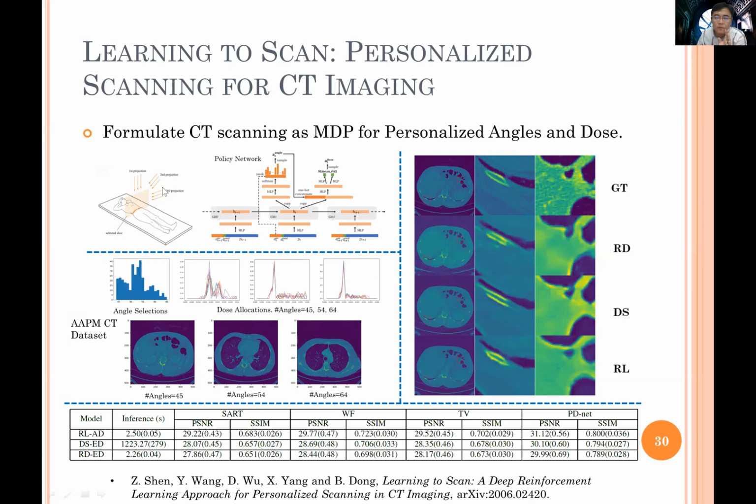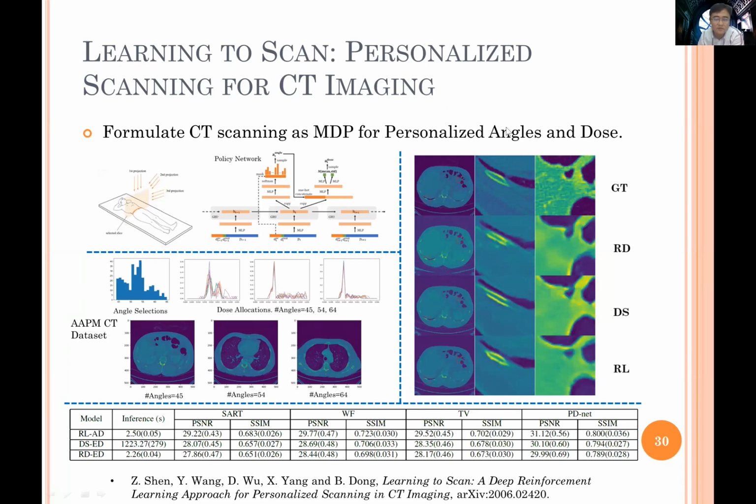So what if we use reinforcement learning to adaptively choose the desirable number of angles and also the specific angles to scan, and also the dose at each given angle, so that we can either minimize the total dose or make sure that the total dose is restricted to a certain amount, and also maximize the imaging quality.